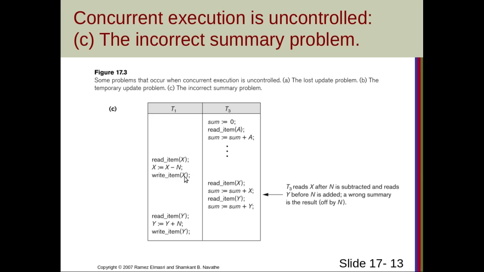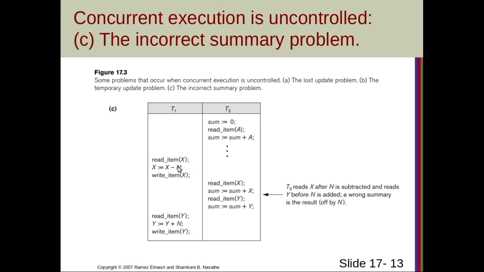And after that, T3 is reading the item x, and that value of item x is right. That means sum assigned equals sum plus x. And in T1 it is updating the value of y as well, but before the value of y is updated, again T3 is calculating sum assigned equals sum plus y.